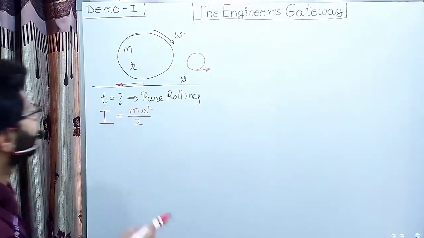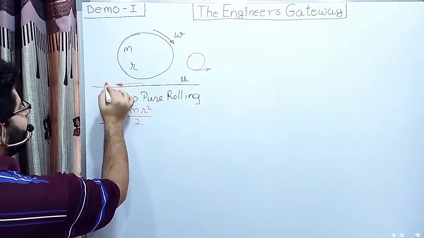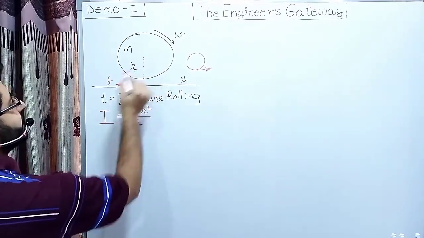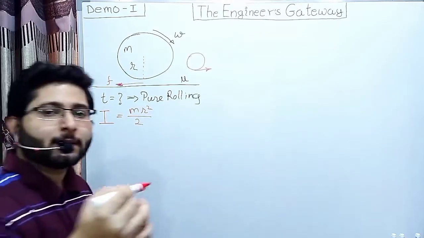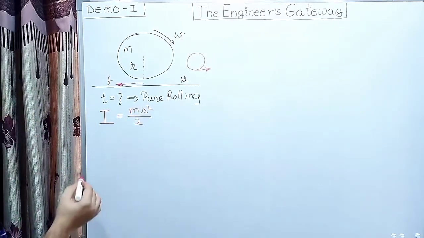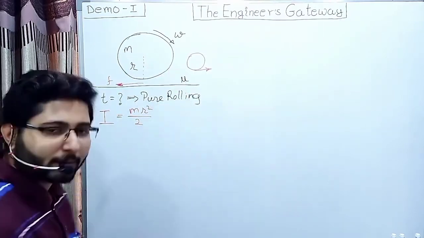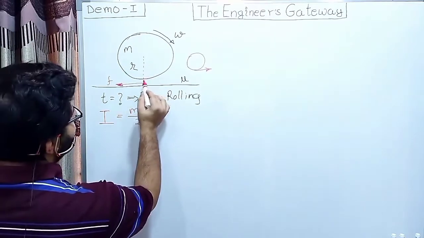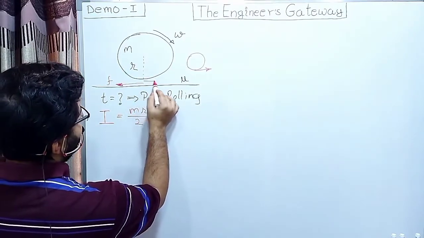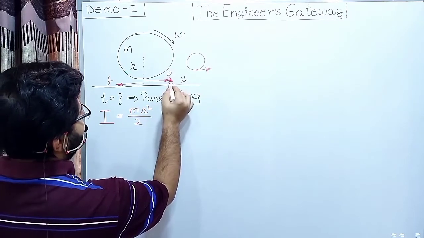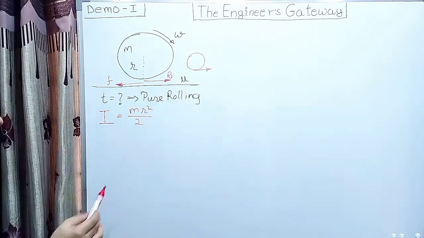So in this case, this friction F acting at a distance r is going to create a negative torque. On the surface this is acting here, but on the disk it will be acting like this, as the reactive force of friction.